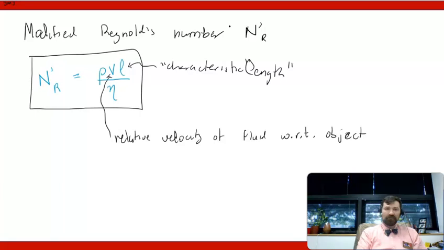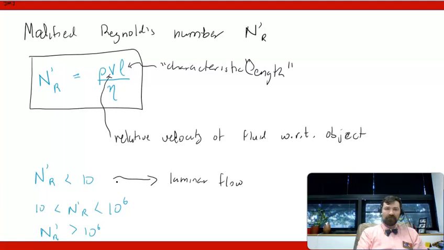Okay, now the ranges for this are a little bit different. If the modified Reynolds number is less than 10, we basically have laminar flow. If we have somewhere between 10 and a million, it's kind of transitioning to turbulence. And then if you have greater than a million, this is generally turbulent.